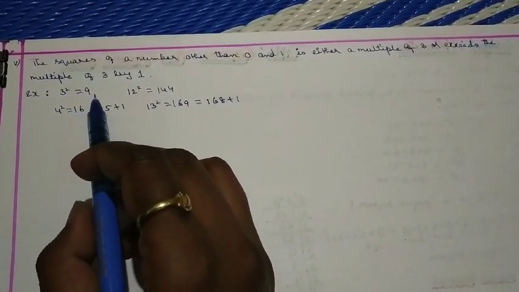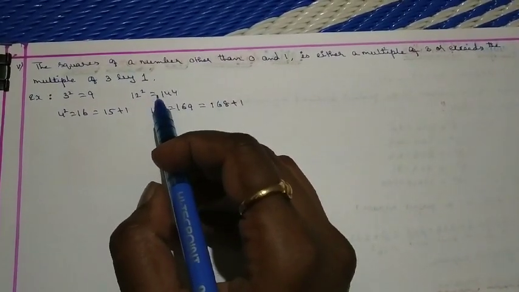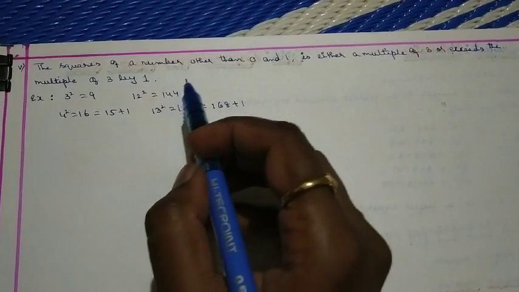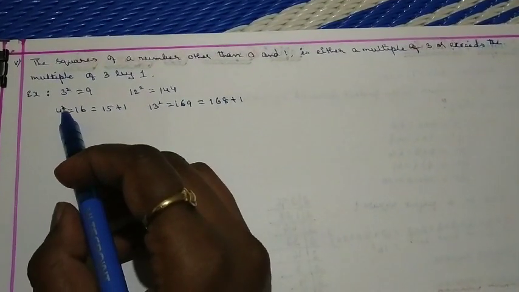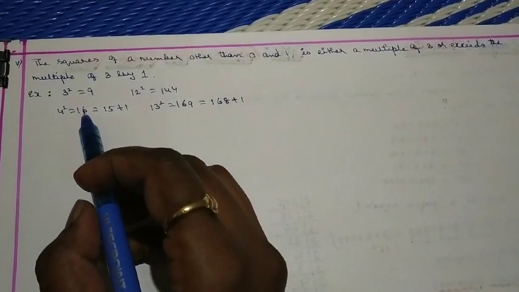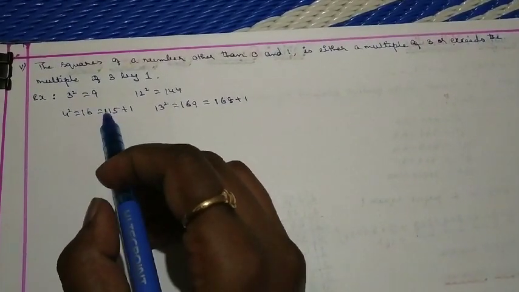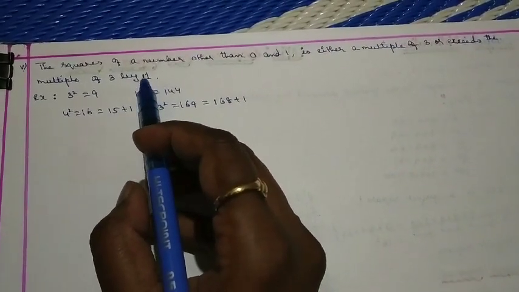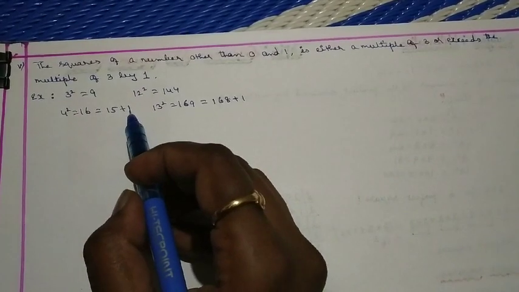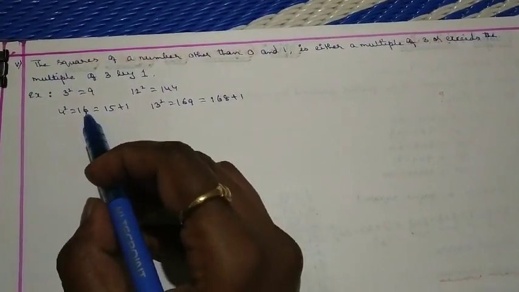So 9 is exactly a multiple of 3. Then 12 square is nothing but 144, which is exactly a multiple of 3. Then 4 square equal to 16, where 16 is not a multiple of 3, but 16 can be written as a multiple of 3 plus 1, that is, exceeds by 1. So 15 plus 1: we know that 3 5s are 15, and exceeding by 1 becomes 16.